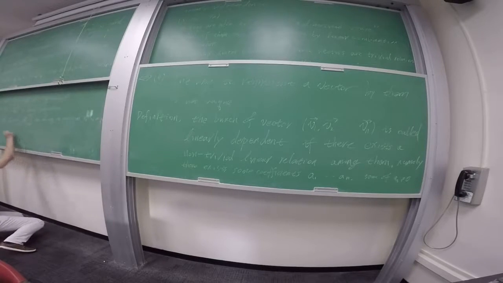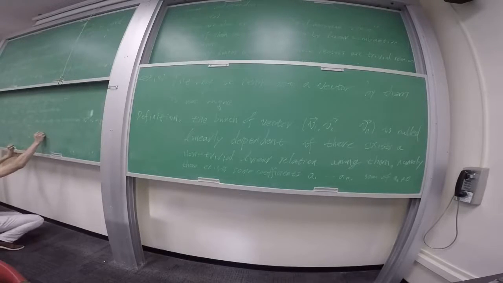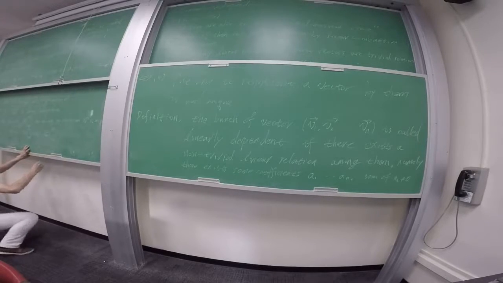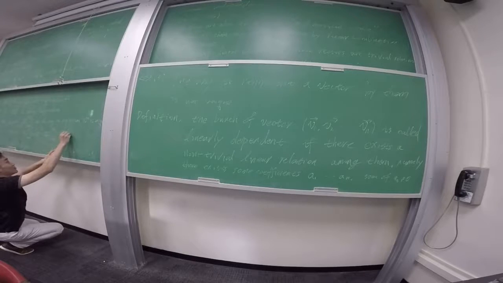So what I mean is that if W is equal to V1 to Vm times A1 to Am, and it's also equal to, suppose you have another way to represent that, V1 to Vm times B1 to Bm, then this forces A1 equal to B1, A2 equal to B2, and Am equal to Bm.